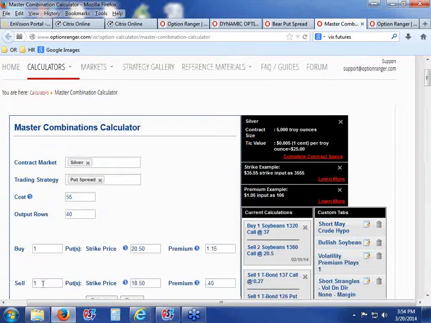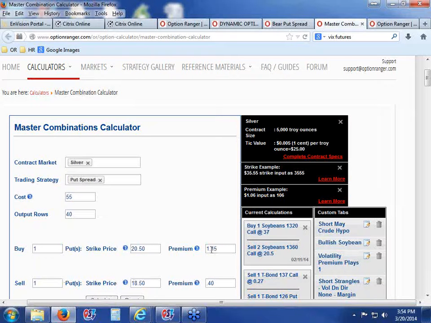If you sell more than one put per put purchased, the additional puts that are there are naked puts, and they would be incurring margin risk and an unlimited risk on the drop for every additional position that was sold here.